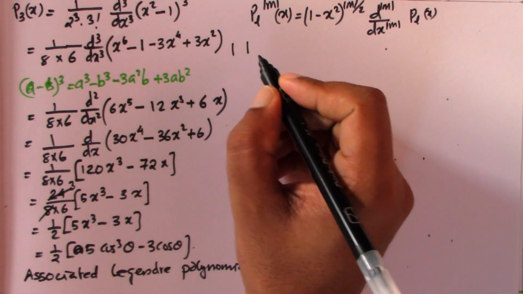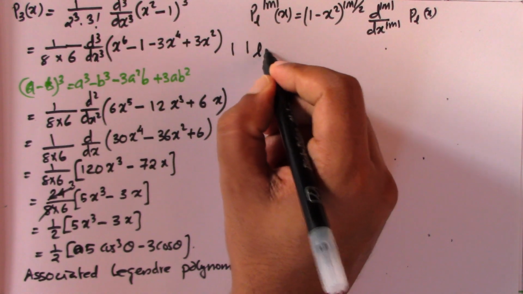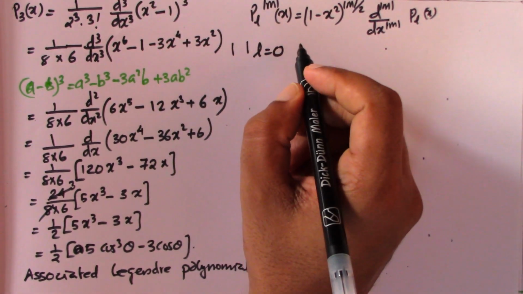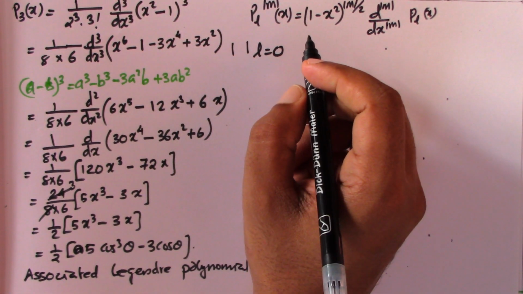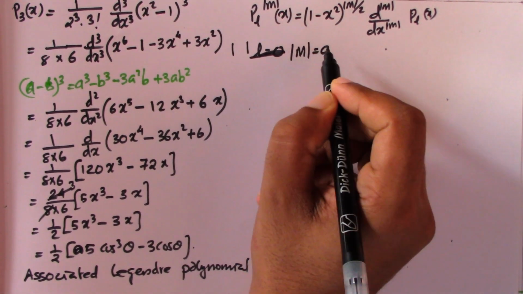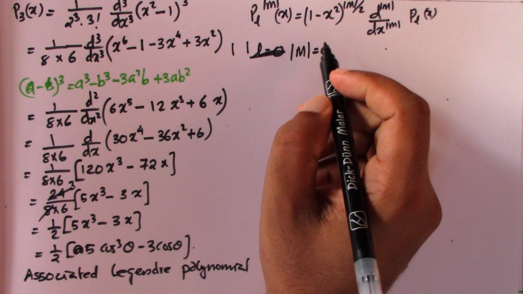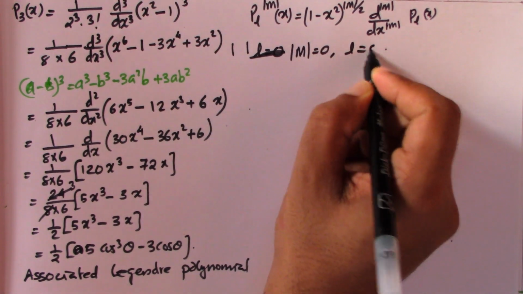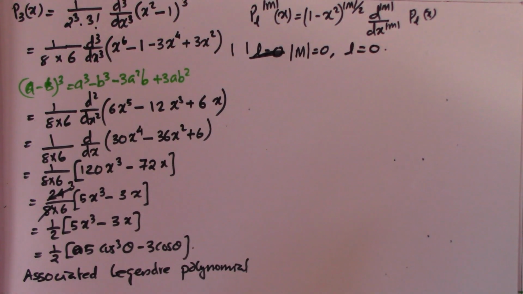Let's calculate for L equal to 0 and m equal to 0, absolute value of m equal to 0. We can calculate for this set of values of m and L what the associated Legendre polynomial is.